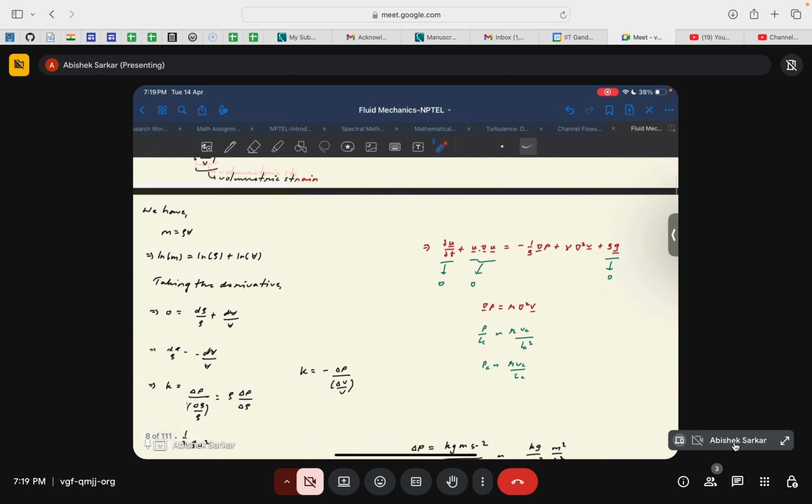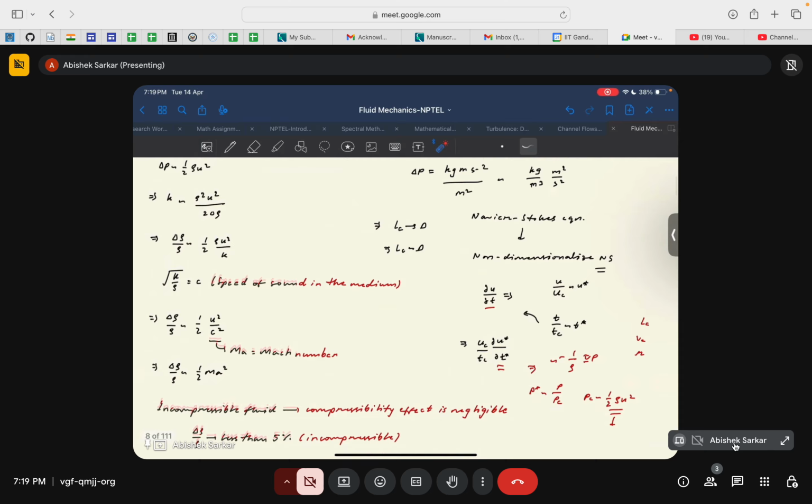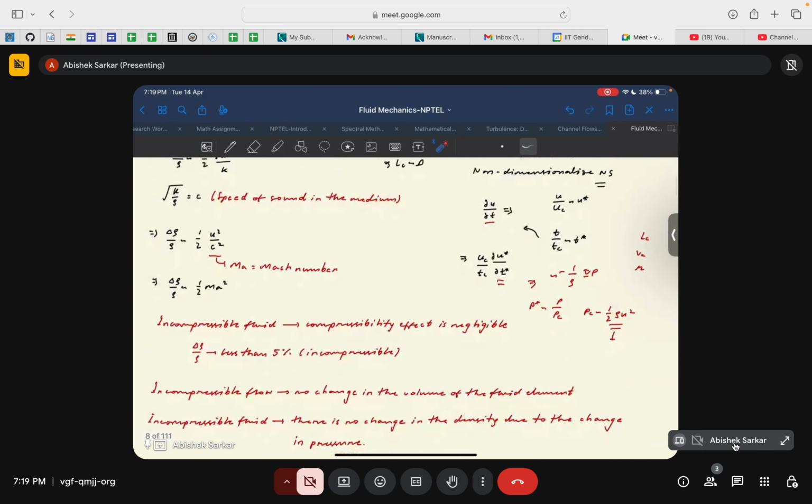Then we introduced the concept of Mach number, which is defined as the flow velocity divided by the velocity of sound in the medium. If we are considering air, then the velocity of sound will be different than in water, so we need to consider that separately.